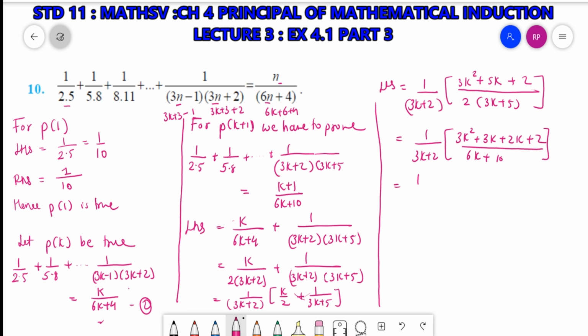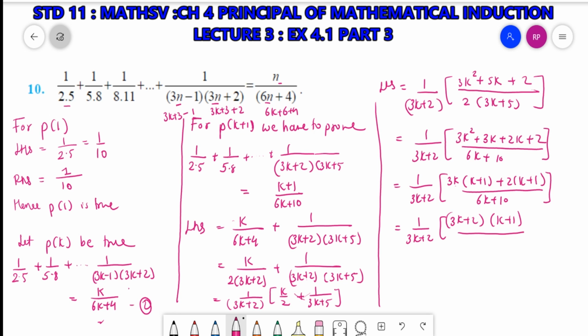So this will be equal to 1 upon 3k plus 2, I will take 3k common, so it will be k plus 1, plus 2 common, k plus 1 upon 6k plus 10. Clear? So this will be equal to 1 upon 3k plus 2 into 3k plus 2, k plus 1 upon 6k plus 10. So 3k plus 2, 3k plus 2 cancel, and this is equal to RHS.